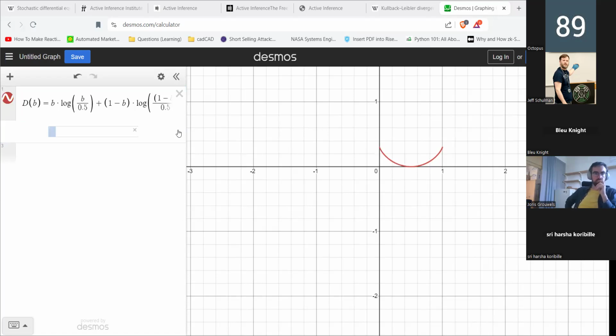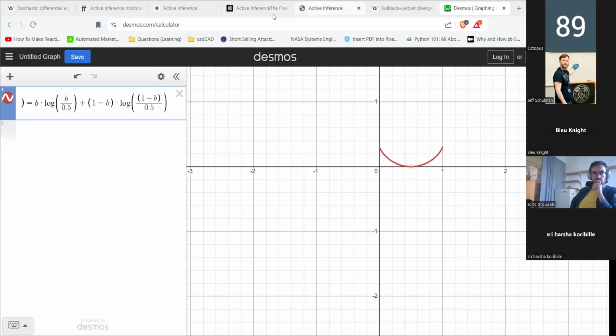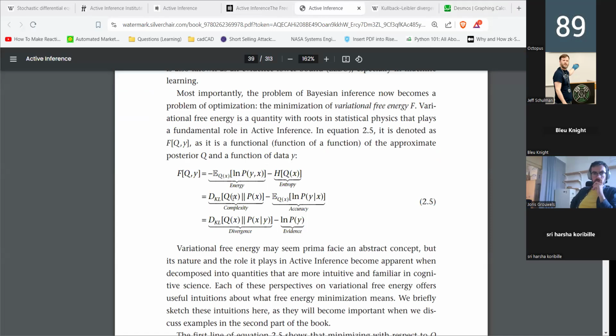What this tells us is this quantity, the Kullback-Leibler divergence between these two, which is also called complexity. Then we can look at the accuracy.